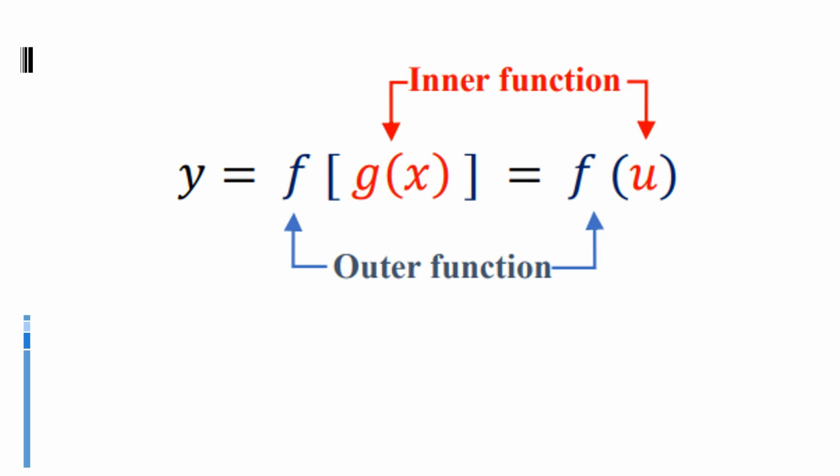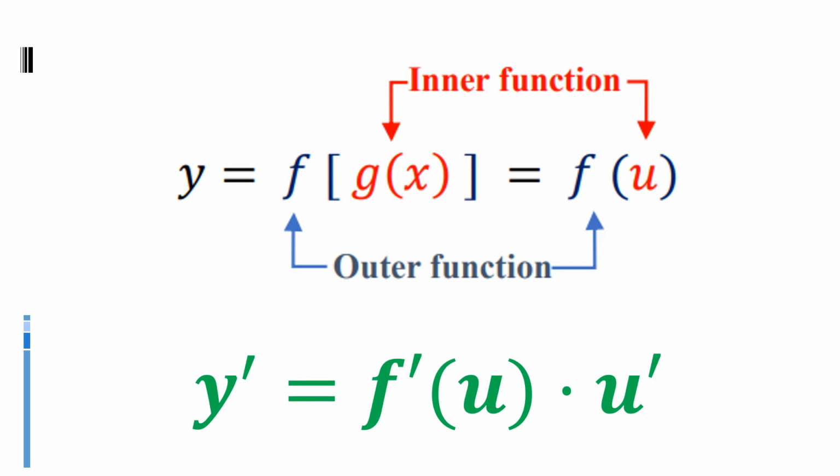So, ang sinasabi lang nito, kung meron tayong composition of functions, ibig sabihin, meron tayo ditong outer function, yun yung f, tapos may nakapaloob na isa pang function, yun yung g of x, the inner function. Using the chain rule para kunin yung derivative, ang gagawin lang natin, kunin natin yung derivative ng outer function, tapos i-multiply natin sa derivative ng inner function.